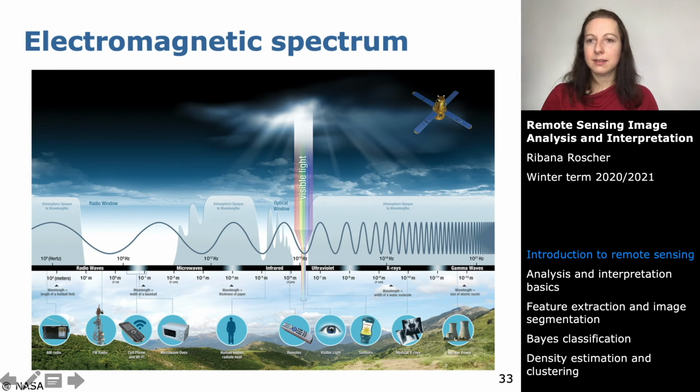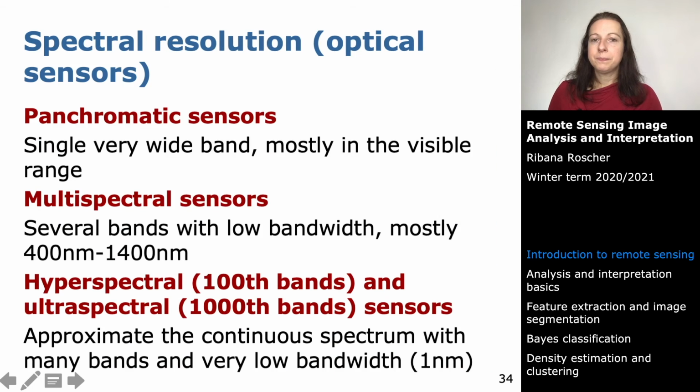You can see this as light blue areas in this figure. And so when we use our smartphone or consumer camera, we can only work with the visible light. But when you take all these remote sensing instruments into consideration, we can work with the whole spectrum. And I want to show you some of these.